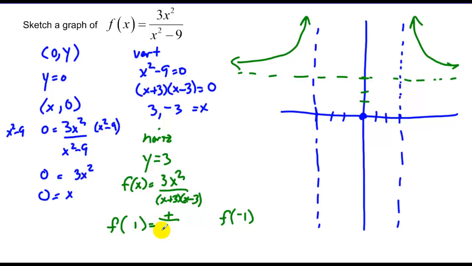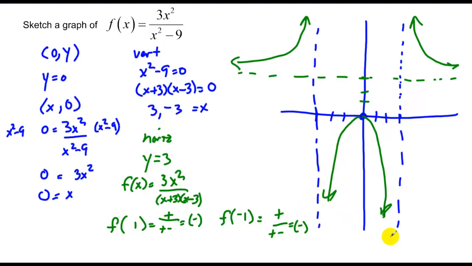On the bottom, I get a positive and a negative, which is overall a negative value. So at 1, I get a negative value, which means it's got to go something like this. Now when I plug in a negative 1, you'll notice I get a negative 1 squared times a positive is also going to be a positive. And then on the bottom, I have a positive and a negative, which again is overall negative. So there's my graph.